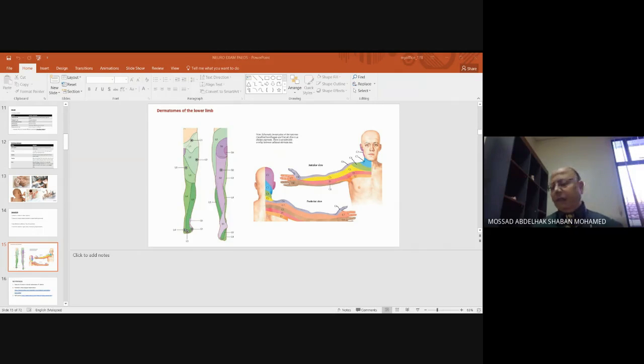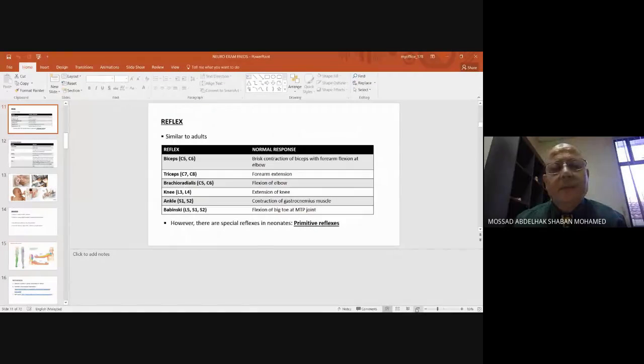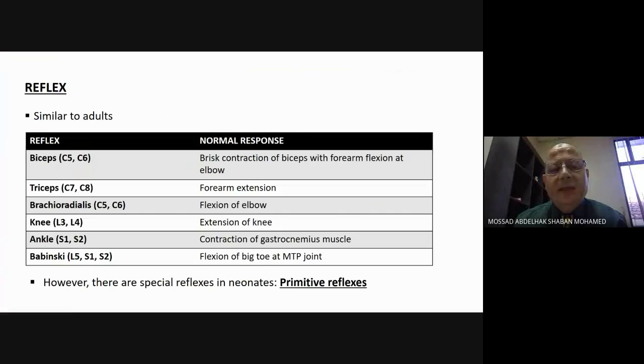Just to remind you of the reflexes, if you come to the reflex slide, you can see here, it's starting from 1, 2, 3, 4, 5, 6, 7, 8, from down to up.